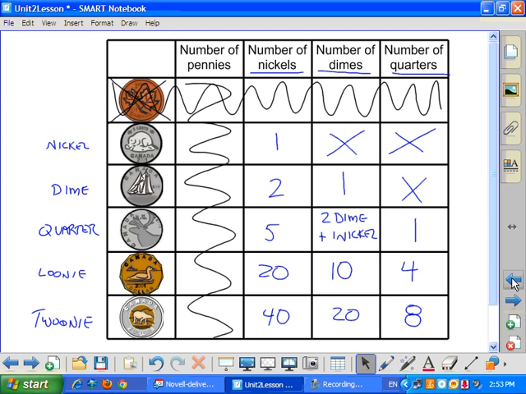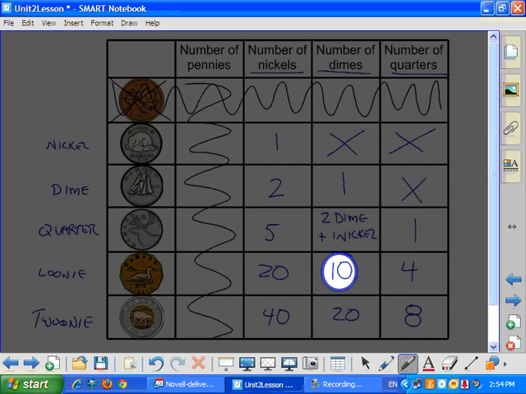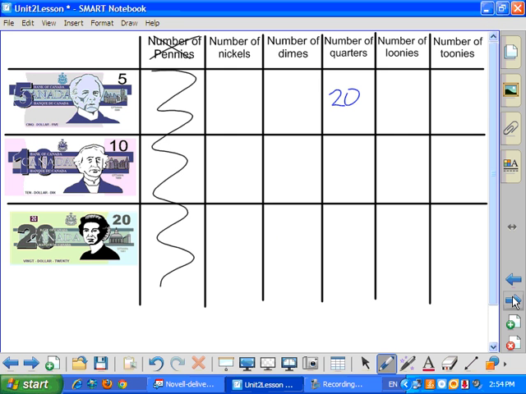We know that for the $1 bill, we needed 10 dimes. Well, we need 5 times as many. So we would have 50 dimes. You need 100 nickels to make up the $5 bill. Loonies, you would need 5 loonies, and again the toonie doesn't work out evenly, so you'd need 2 toonies plus 1 loonie to make up that $5 bill.